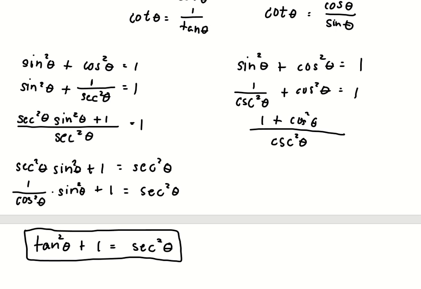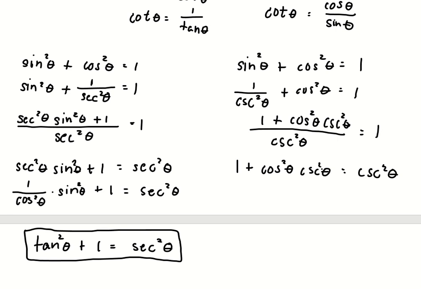We have here 1, and we multiply this by this, so we have cosine theta squared times cosecant theta squared equals 1. Cross multiply, we bring this here. So what's left here is 1 plus cosine theta squared times cosecant theta squared equals cosecant theta squared.